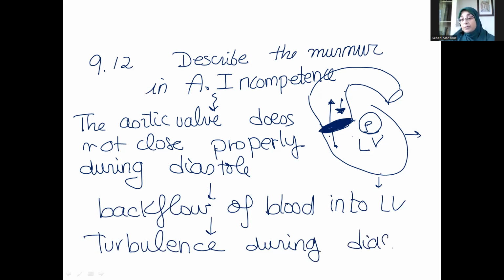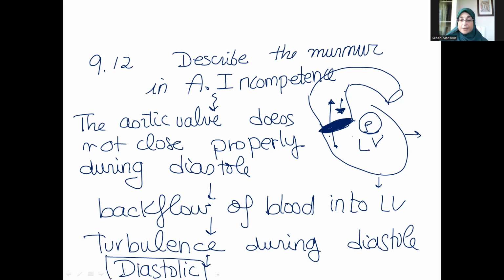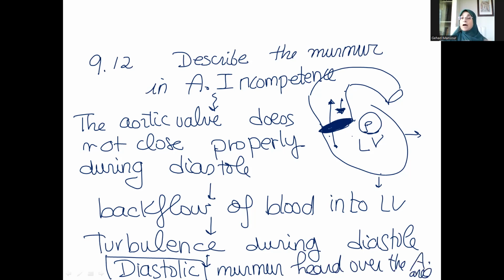And this makes sense because as long as the left ventricle is relaxed and is in diastole, the pressure lowers down, there is tendency for backflow, and if the valve is incompetent, then there will be turbulence during diastole, and therefore we would have a diastolic murmur. يبقى أنا كده جاوبت نص السؤال إن أنا قلت the timing of the murmur, and that diastolic murmur is heard over the aortic area, and you describe the aortic area. This is how you proceed for every valvular lesion.